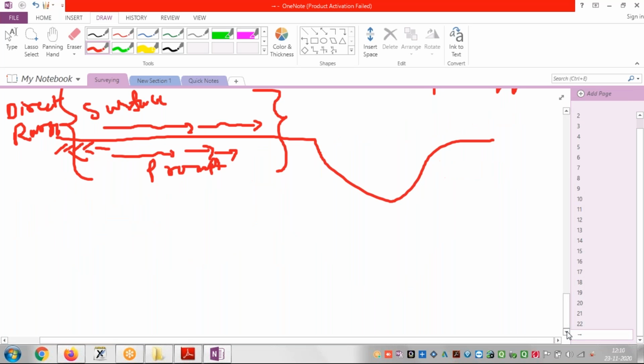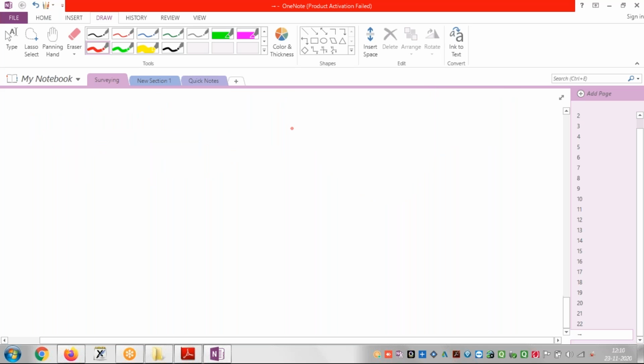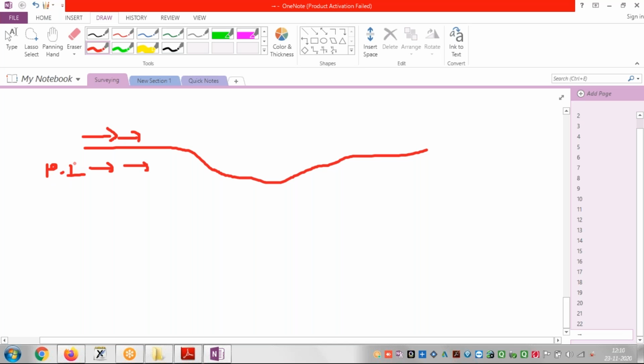Whatever the water which is flowing will meet, see, this is surface and this is river. Some part of water is flowing above the surface, some part of water is flowing below the surface. This is called prompt interflow, and this is called surface runoff.